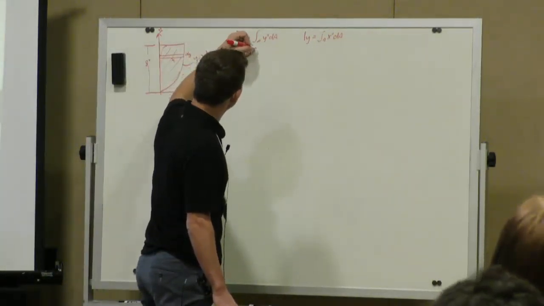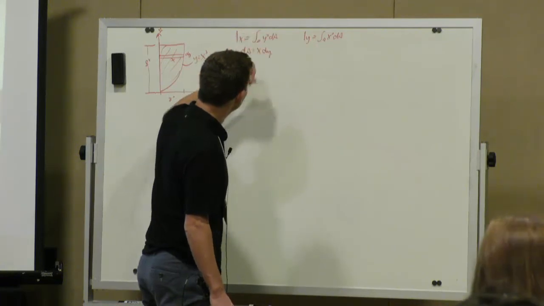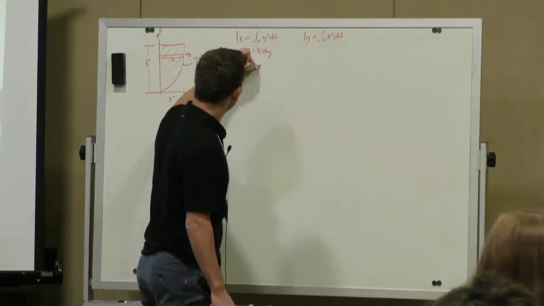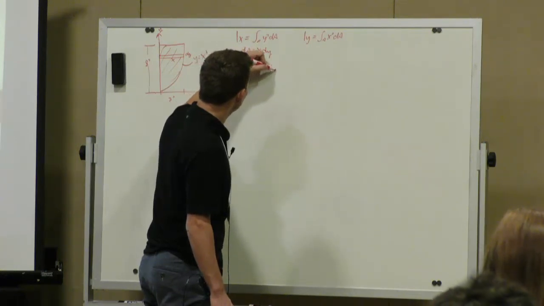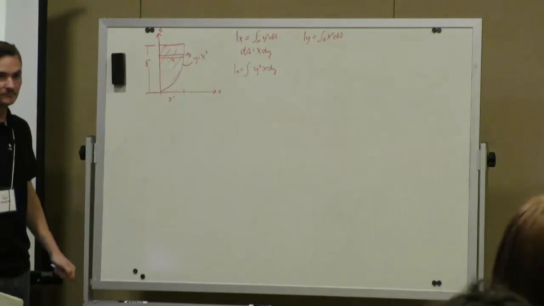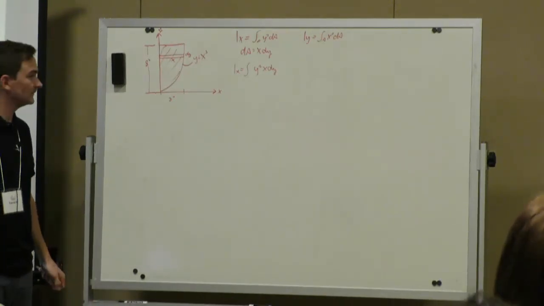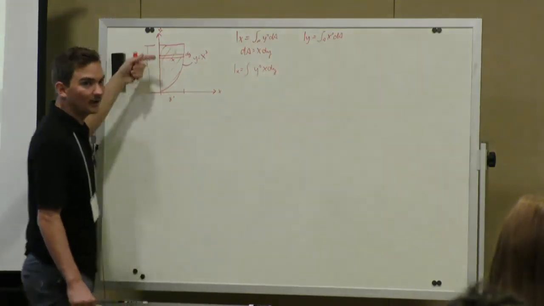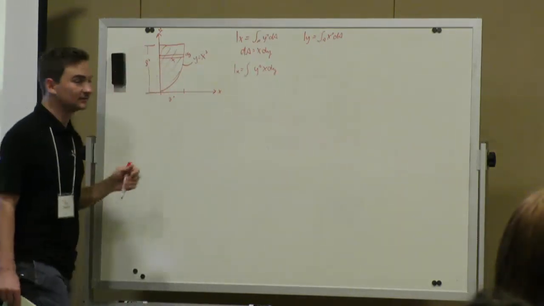So dA equals x dy. So now we could plug that into our equation: y squared x dy. And what are our bounds? 0 to 8. Yeah. Since we're integrating with respect to dy, we want our y bounds, which is 0 to 8.